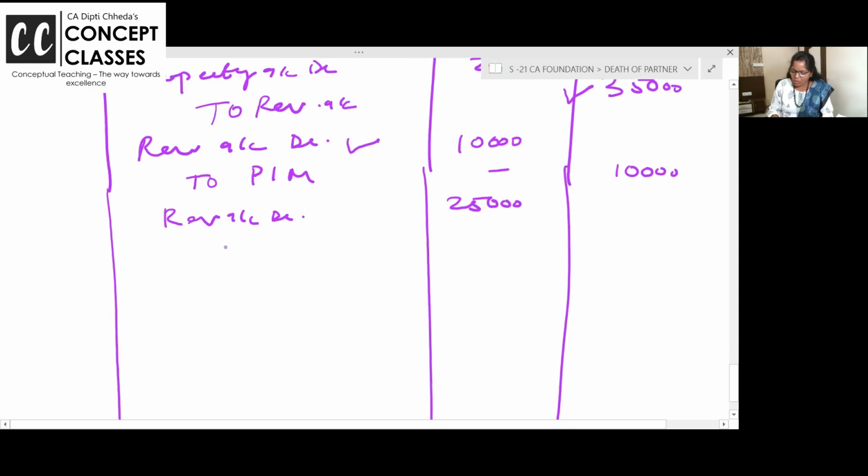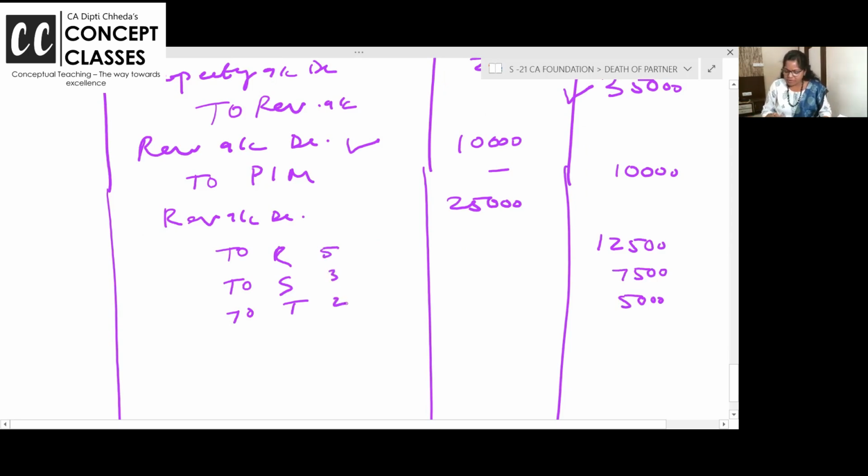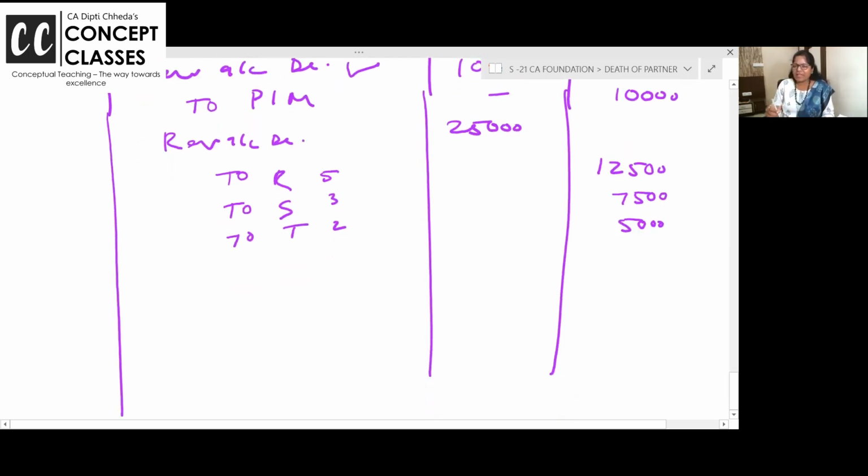Give the profit to all the partners, R, S, T. I know we are preparing T's account, but for revaluation the entire entries are passed. 25,000 into 5 by 10. 25,000 into 3 by 10. And 25,000 into 2 by 10. 5:3:2 ratio. Is my speed fine? It will do. If you are writing the revaluation account briefly for now, no problem.